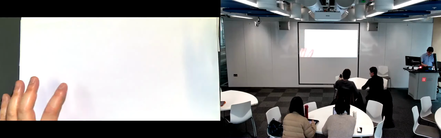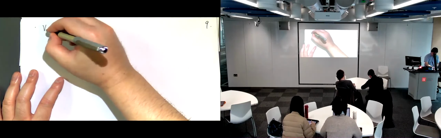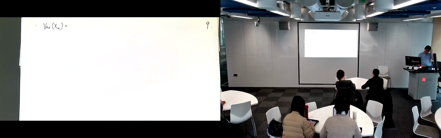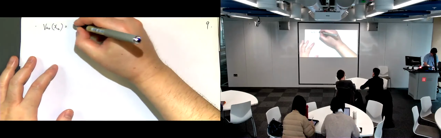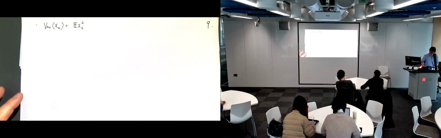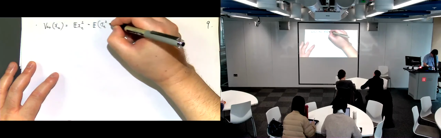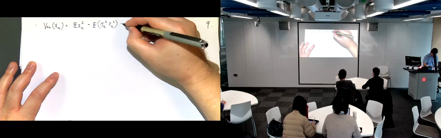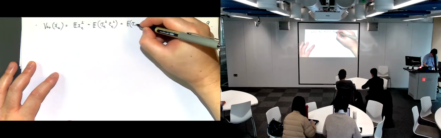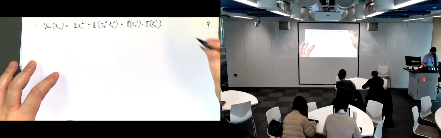Let me go on to introduce a little bit more. How about the variance of xt? Well, the variance of xt is expectation of xt squared. The mean is 0, remember? And this is expectation of sigma t squared times epsilon t squared. The same argument applies, so this is expectation of sigma t squared multiplied with expectation of epsilon t squared.